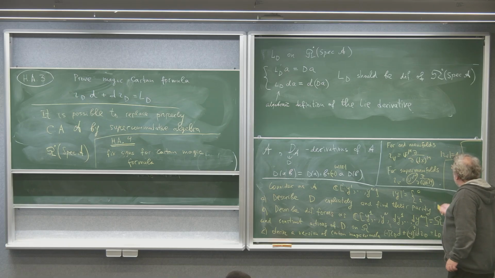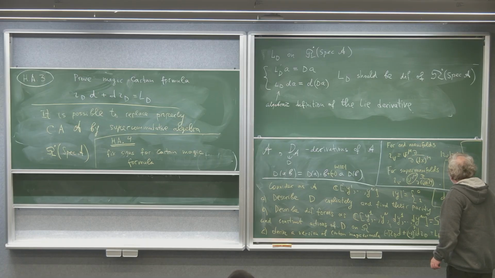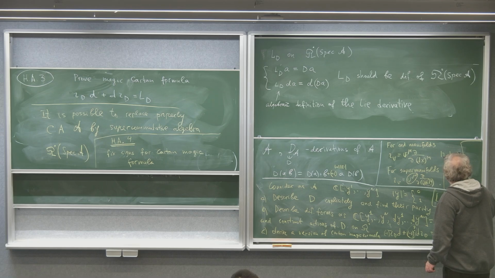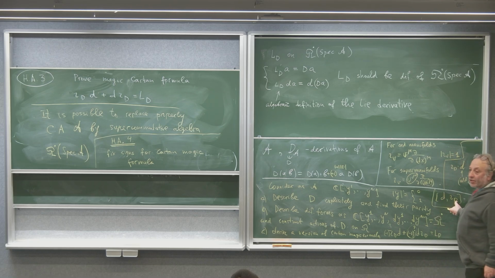So here assume that B would properly anti-commute or commute with D. Then the question is how to determine it. Try to determine the parity of this D. It would depend on what?